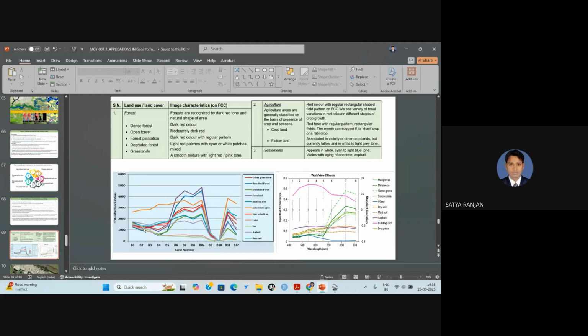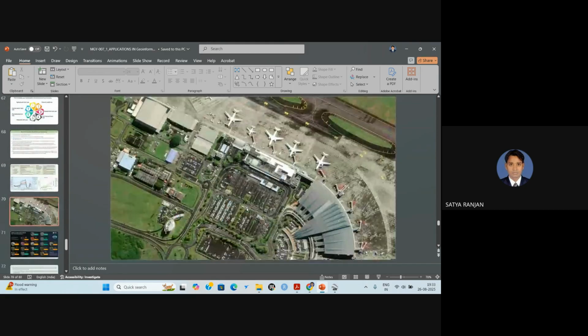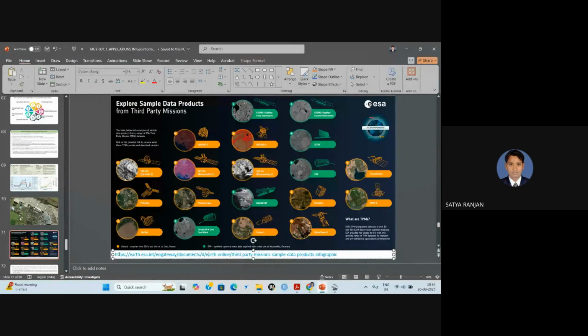So different land use classes have different reflectance in the satellite image, so we can find out based on the reflectance. This is one of the high resolution satellite images of WorldView-2, and basically in urban areas, for urban planning and urban classification, we use WorldView-1, WorldView-2, and GeoEye-1 satellite images.